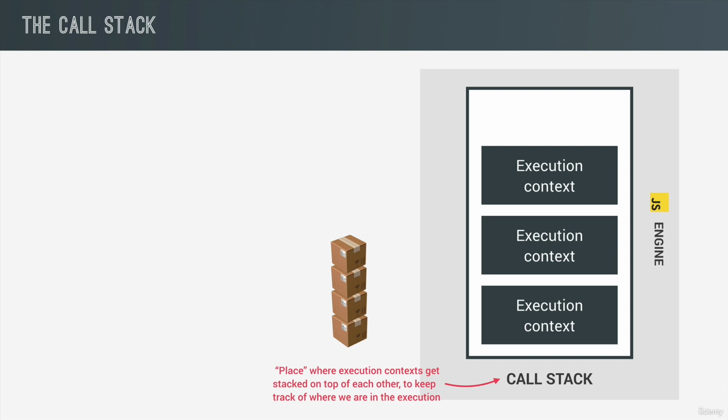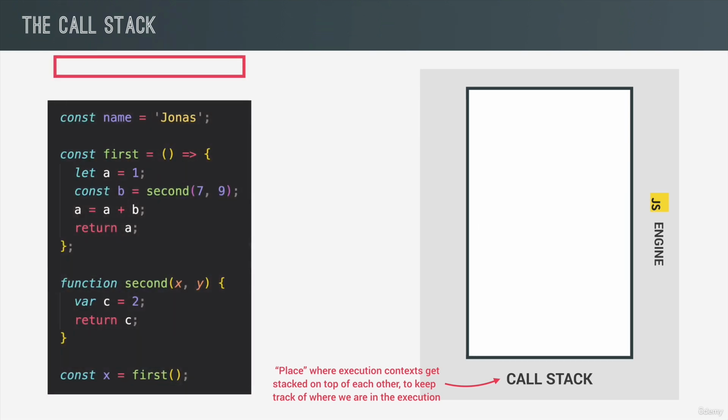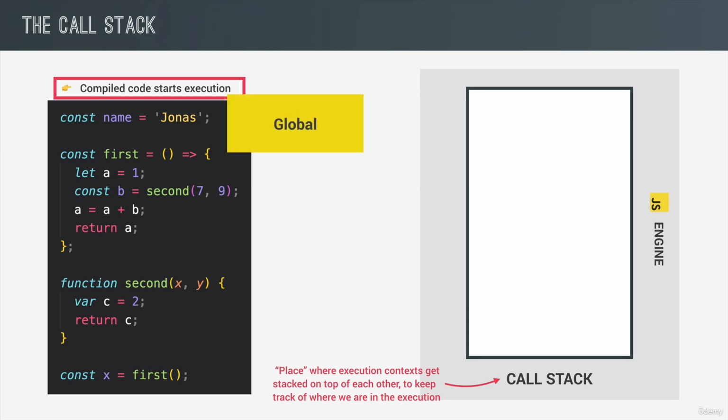Now, all this sounds a bit abstract, doesn't it? And so to demonstrate how the call stack works, let's walk through this code example together so that I can show you exactly what happens. So, once the code is compiled, top-level code will start execution. And then, as we learned in the beginning of the lecture, a global execution context will be created for the top-level code, right?